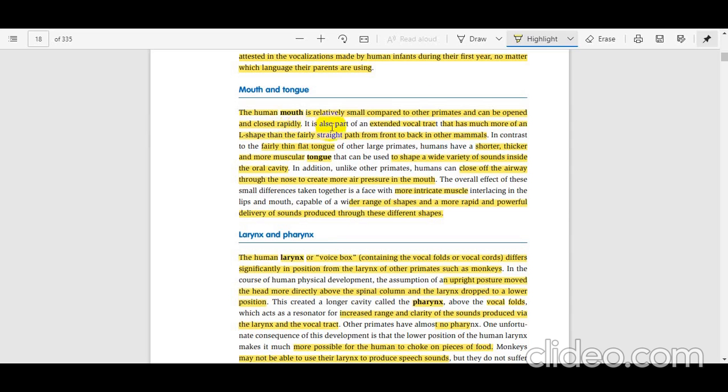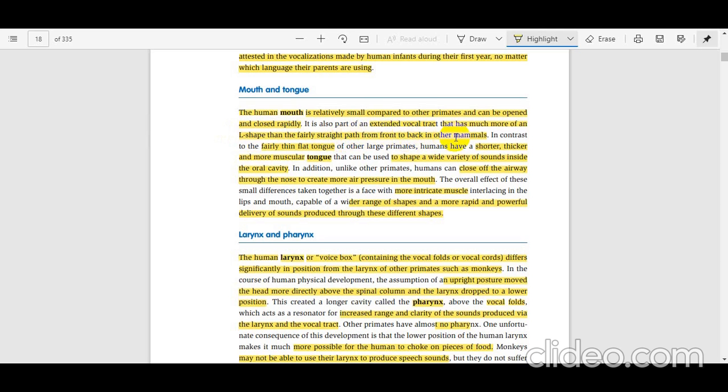Now, the extended vocal tract has much more of an L shape. The vocal tract in humans takes an L shape, like the letter L, not like those of other species, which are very straight, from front to back in other mammals.